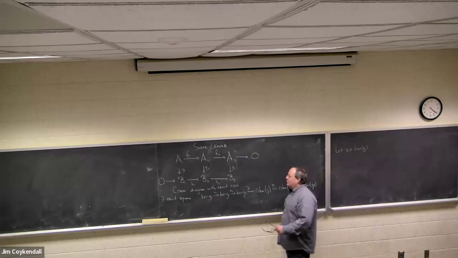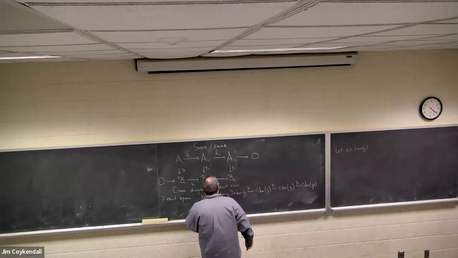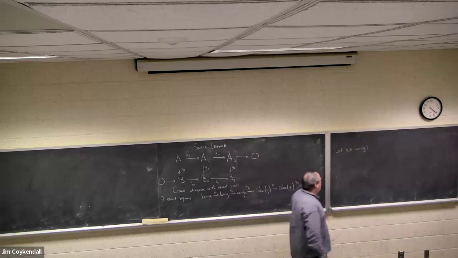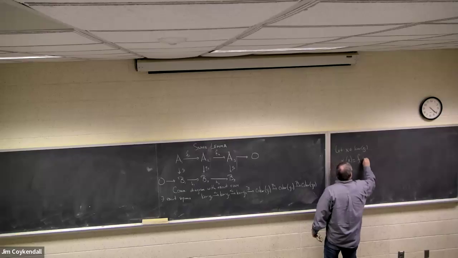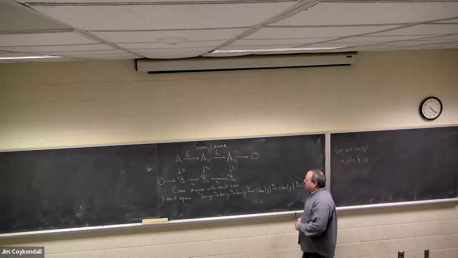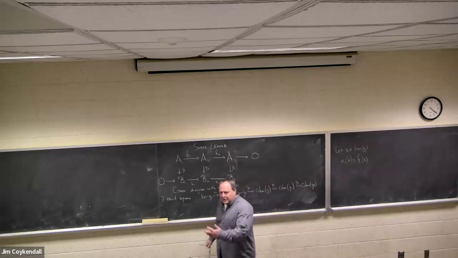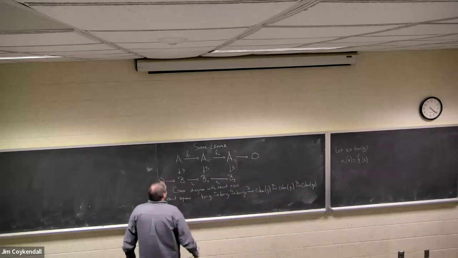Let X be in the kernel of G1. And really what alpha 1 is, is just induced by F1. It's really a different map because you've got a potentially restricted domain.